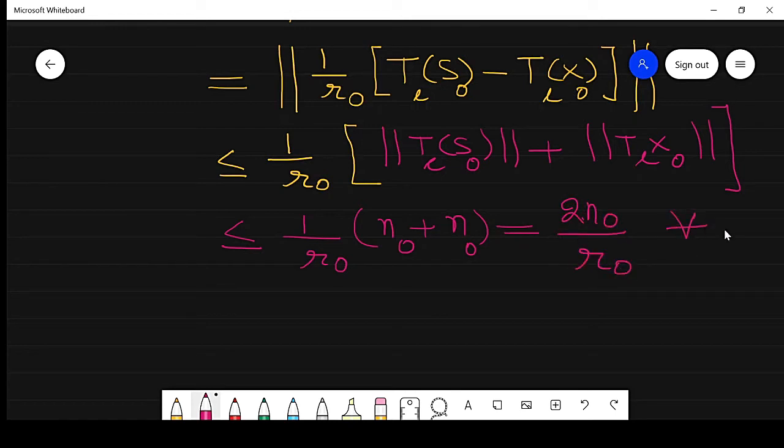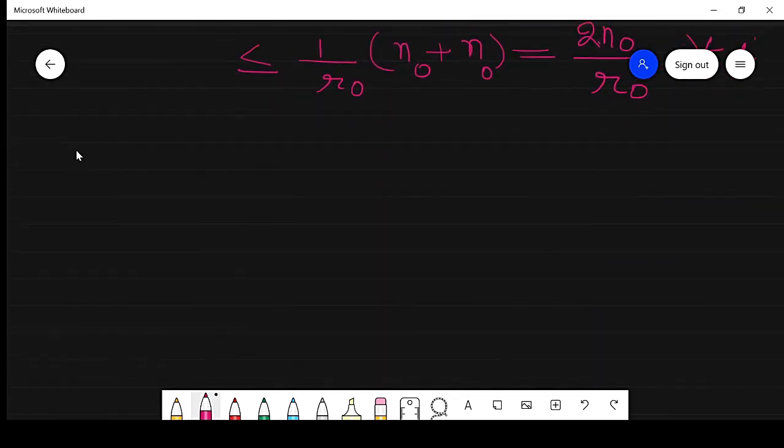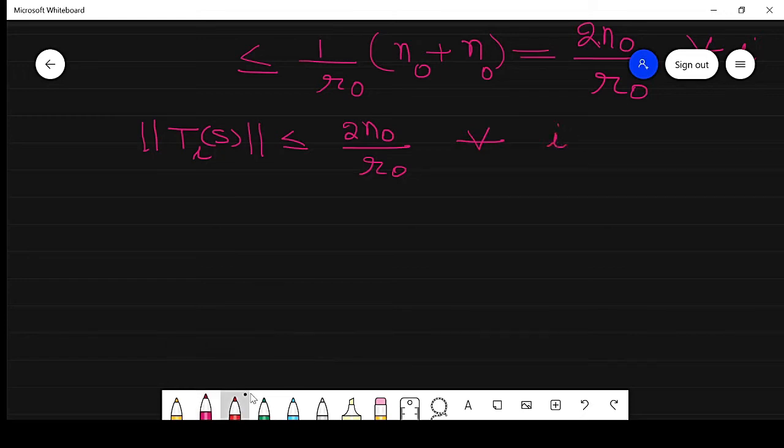So just understand this value. What we get is norm of Ti S less than or equal to 2N0 over r0 for every i. If we write this in vector form, first, what is the set? S is a sphere with center origin and radius unity.